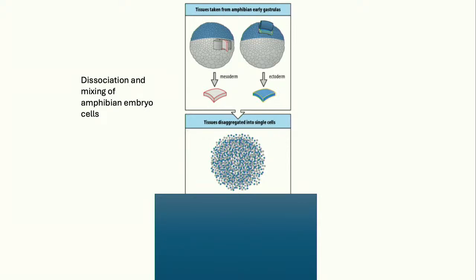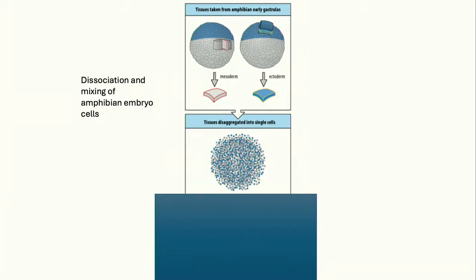So one could take, for example, let's say ectoderm cells from an amphibian embryo, and one could take mesoderm cells from an amphibian embryo, dissociate them. So now dissociating means that the cells are not dead, they are very much able to perform their function, but they are not bound to each other anymore, and then mix them, right?